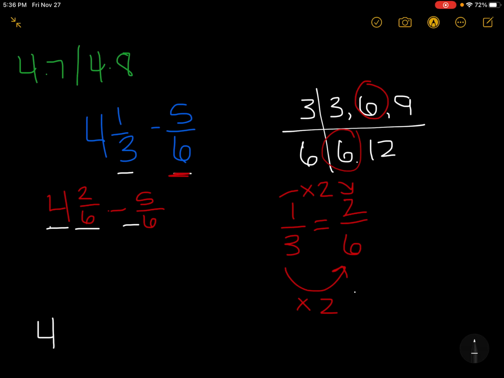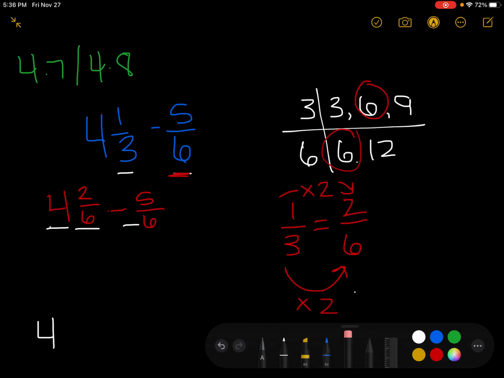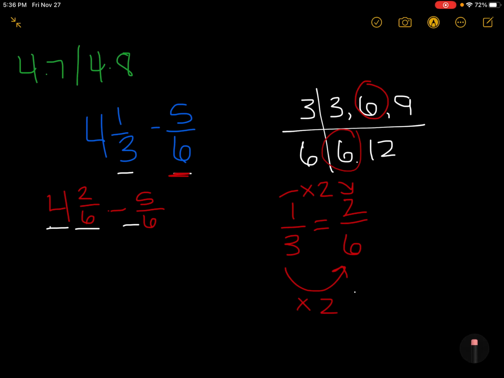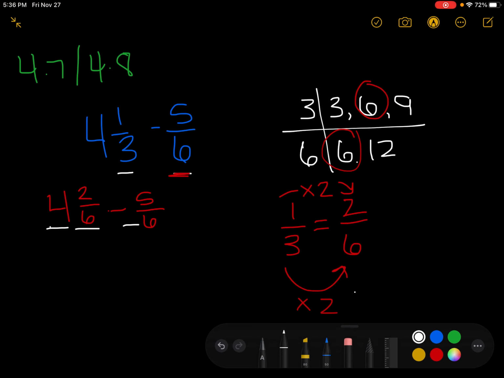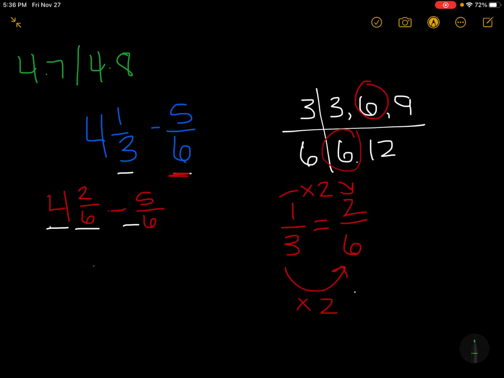2/6 minus 5/6. I can't do that. So my original thought of putting down 4 is not appropriate here. That's just a little bit of trial and error that happens to come with math. So what I need to do instead is create a fraction that can actually be larger than the fraction that's being subtracted.